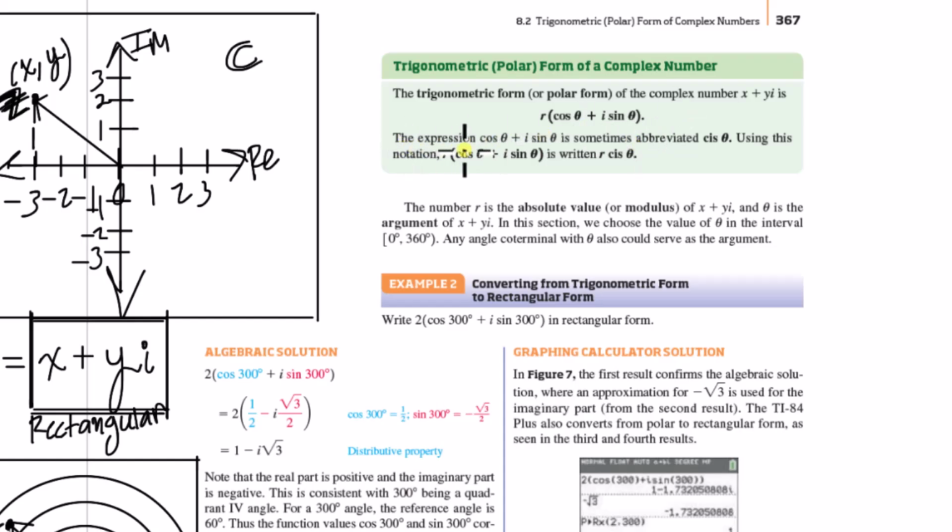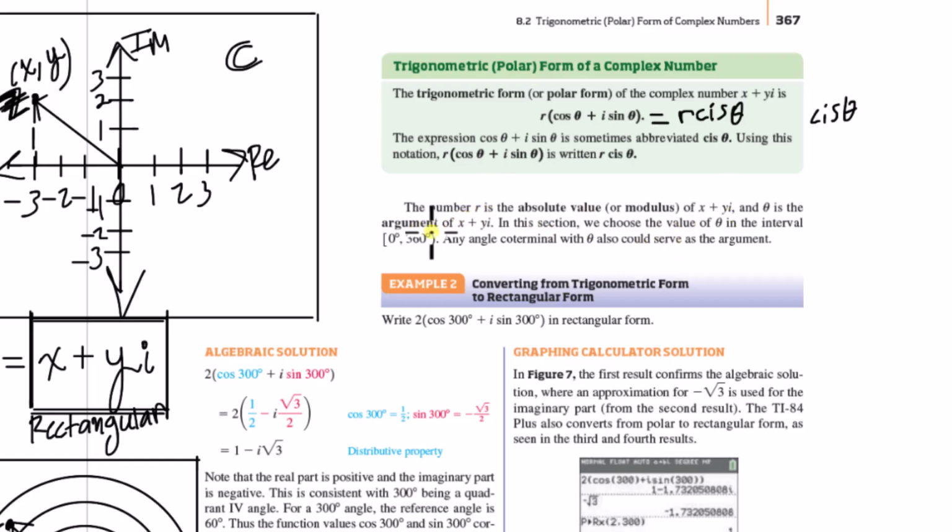Now this expression cosine theta plus i sine theta is sometimes abbreviated as cis theta, if you want. So in that sense, this would be r cis theta. You can think about it as r cosine, i sine theta.